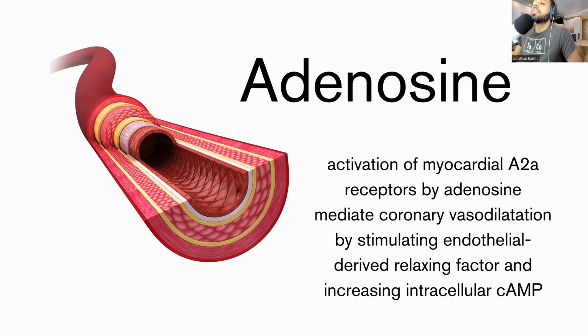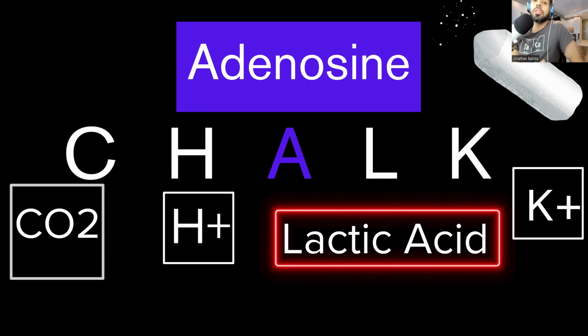Okay? There's a system that we have. I'm going to put this mnemonic here. It's like CHALK. So here he goes. These are metabolites that are responsible for promoting the dilation of the vessels, local dilation of vessels. For example, let's say you have a tissue that's ischemic. It needs to be fed oxygen. But how does it tell the body to dilate the vessels in order to receive perfusion of oxygenated blood?